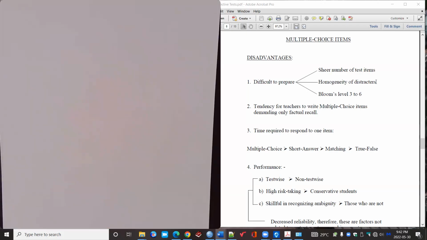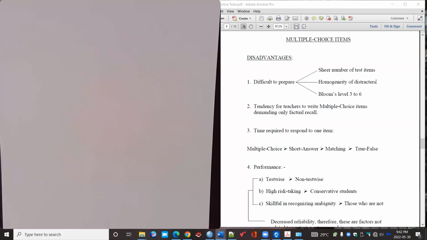But as we go up Bloom's taxonomy ladder, it becomes very difficult. At application, you have to set the item in a novel situation, so it's difficult. Analysis, very difficult. Synthesis, extremely difficult, or sometimes not possible, depending on the domain and the topic.